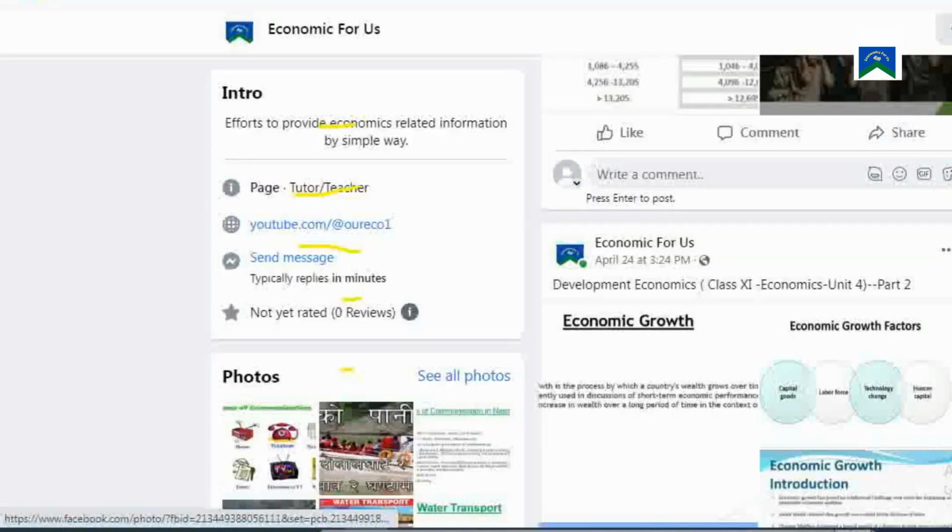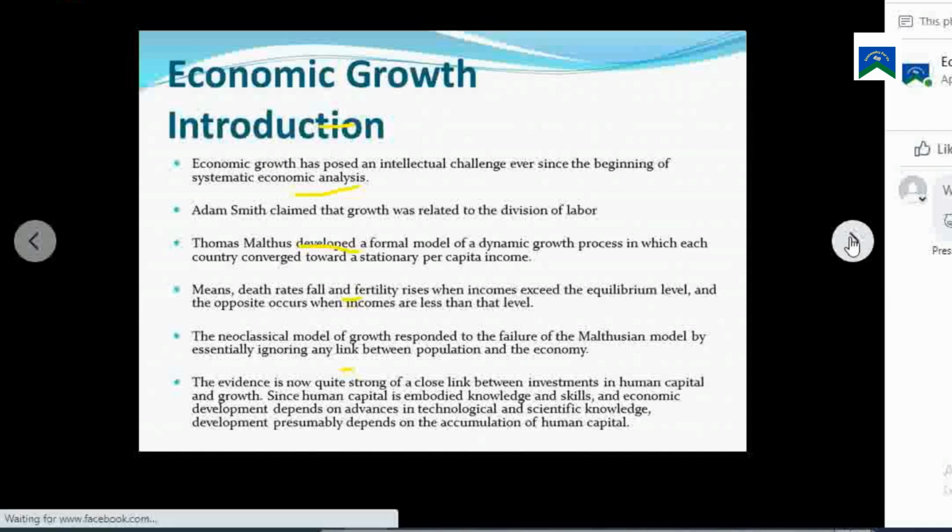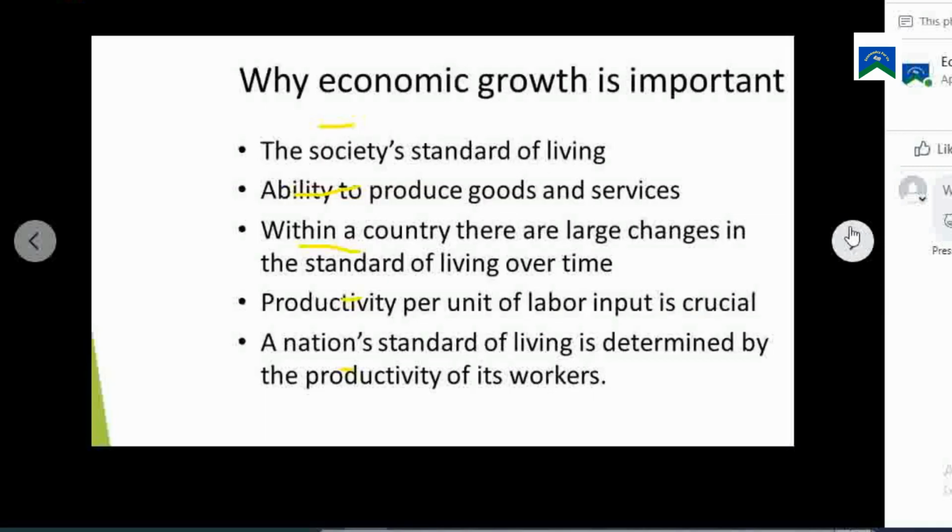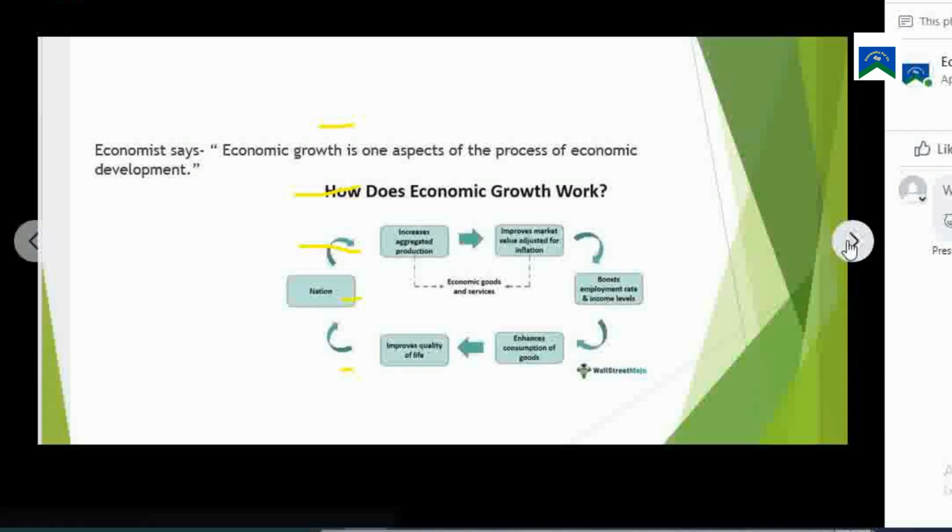We have discussed this, and life standards change, as we discussed.